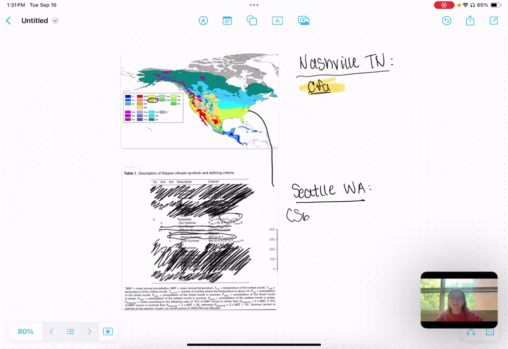Seattle, on the other hand, has a dry season, so it's a dry summer. That's what the S is standing for. So perhaps we don't grow crops in the northwest, at least not really like corn or soybean or anything like that. I'm not exactly sure what's grown there, but hopefully this has helped you see those connections as well.